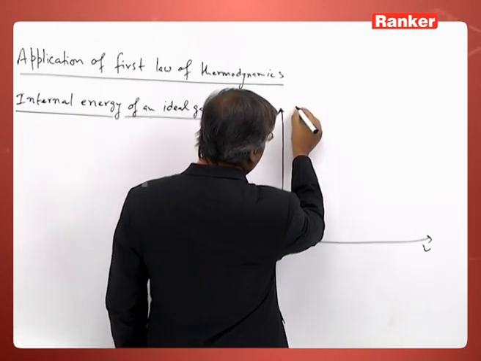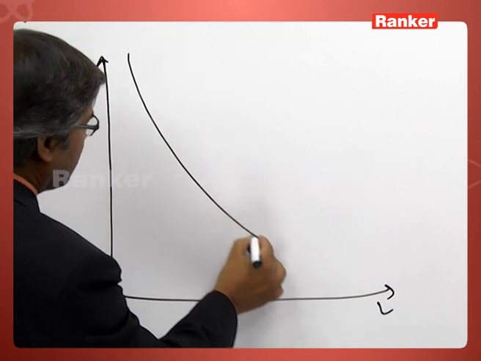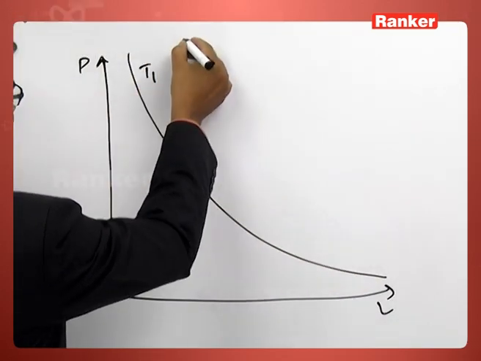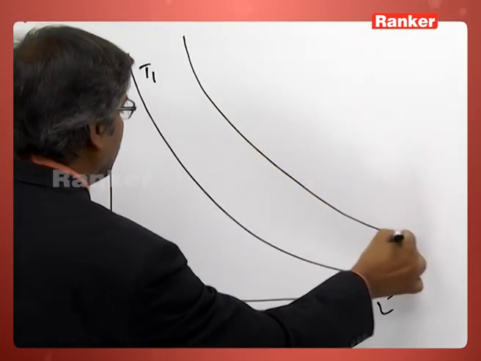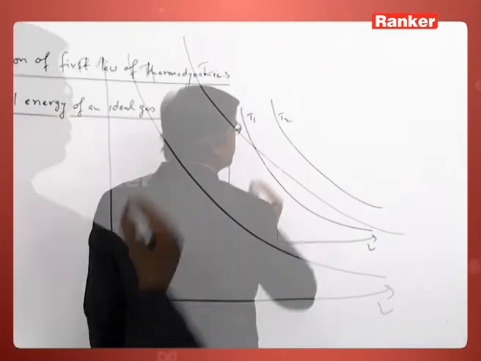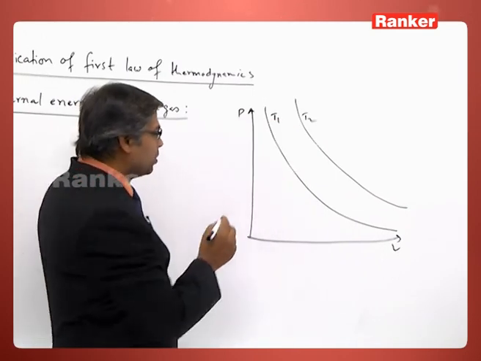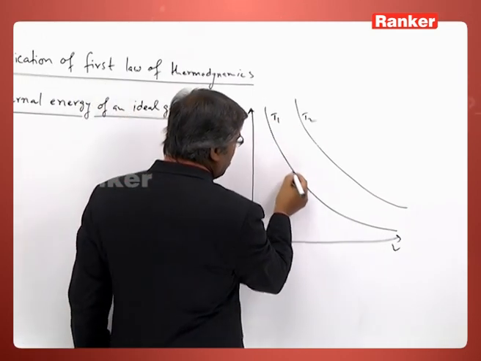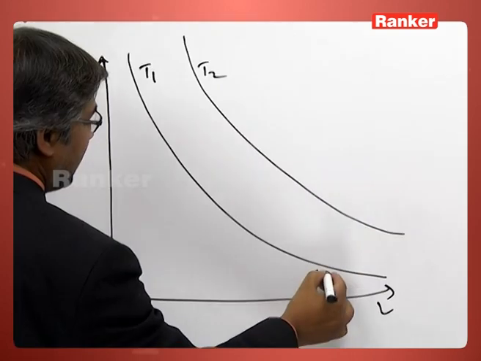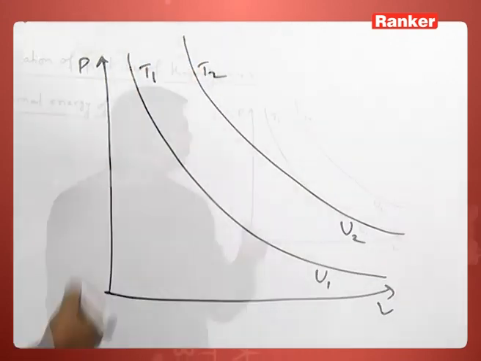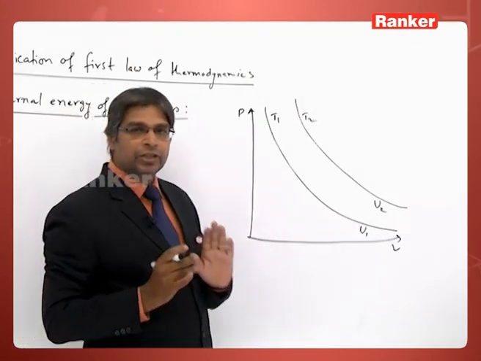Suppose this is an isotherm of temperature T1, and this is another isotherm of temperature T2. All the points on this curve will have internal energy U1 and all the points on this curve will have internal energy U2.